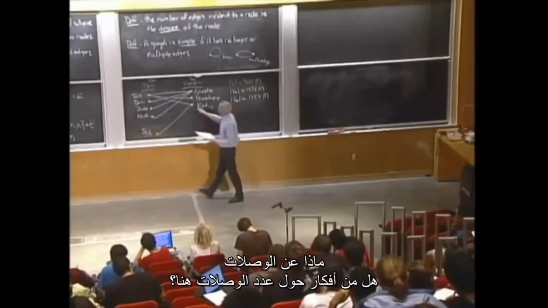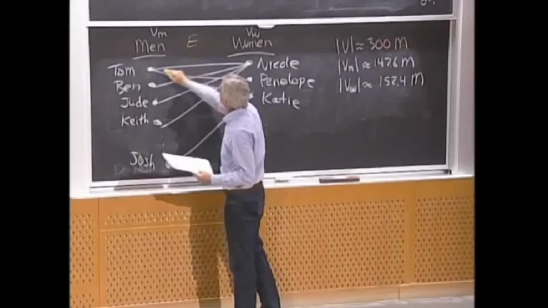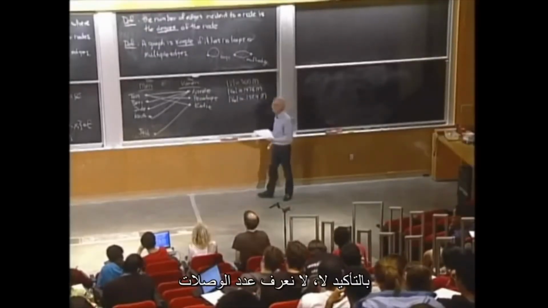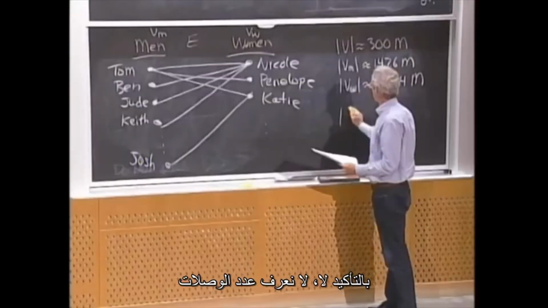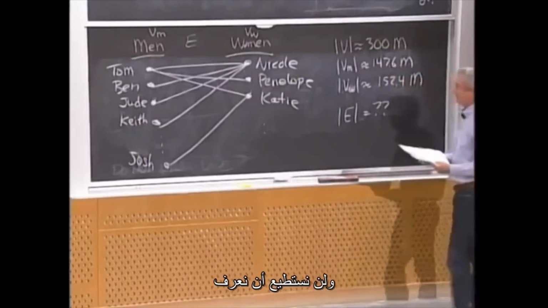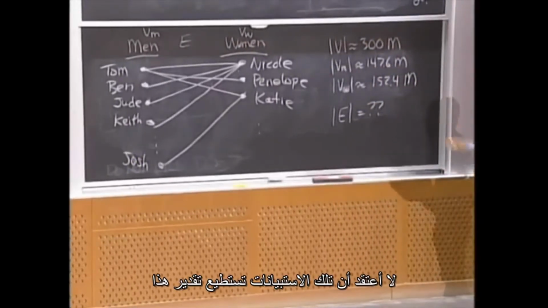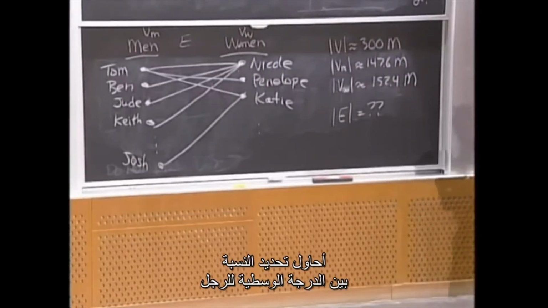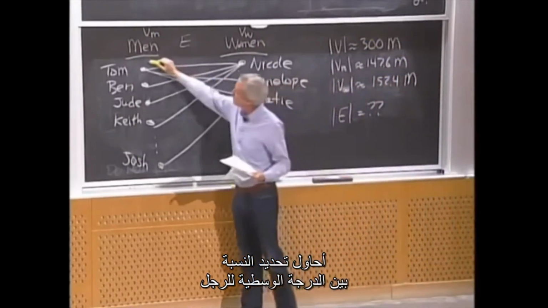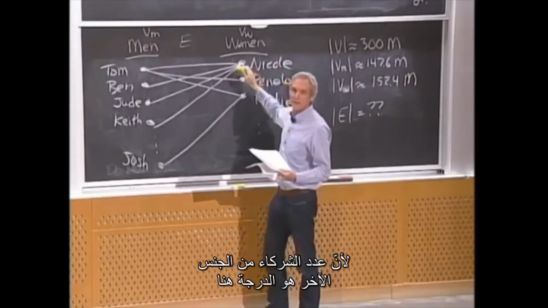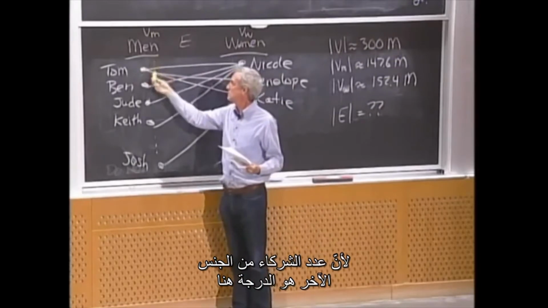What about the edges? Any idea of how many edges there are here? We don't know. I sure as heck don't know how many edges there are. So that we don't know. The cardinality of the edge set we don't know. And we're not likely to figure out. I don't even think these surveys really can estimate that. But what we are trying to figure out is the ratio of the average degree of the men to the average degree of the women. Because the number of opposite gender partners you have is your degree here.